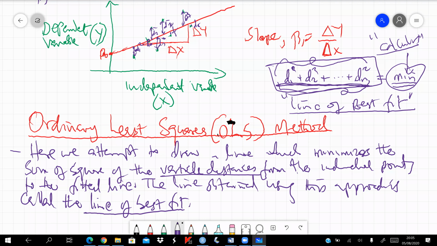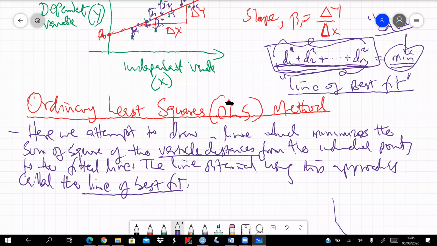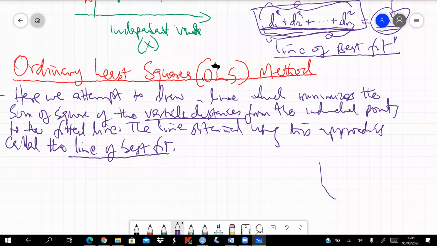And we're looking for the minimum point, the minimum of the sum of deviations. This point can be obtained using differentiation. But we're going to avoid that route of differentiation. We're going to skip that bit actually.